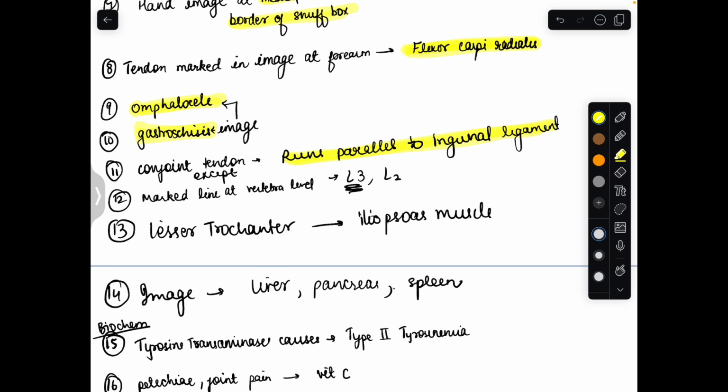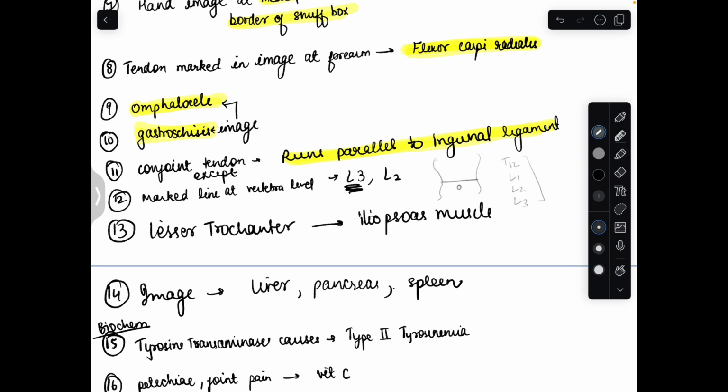So you have to mark this option there. Okay. Now the next question was a marked line at a vertebral level. For this marked line, they gave us one figure, and almost this type of figure was there, in which here is the umbilicus, and they marked above the umbilicus in this area.